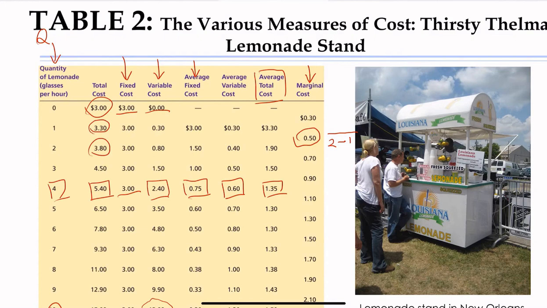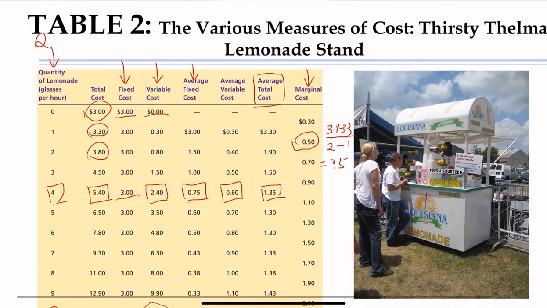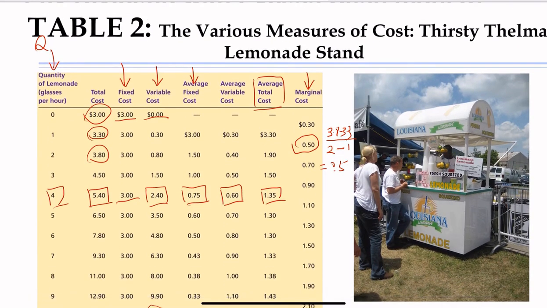So it's 3.8 minus 3.3, which is 0.5. And you can see that we're using this definition here. That is, we're using the change in the total cost divided by the change in the quantity, right? And we also learned you can use the change in the variable cost divided by the change in the quantity.